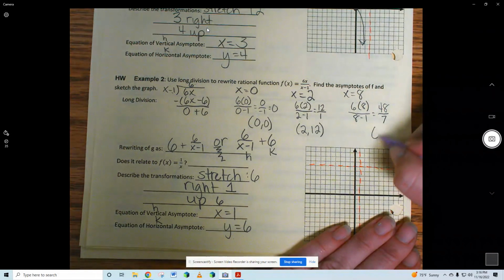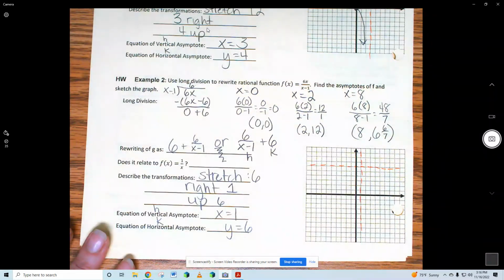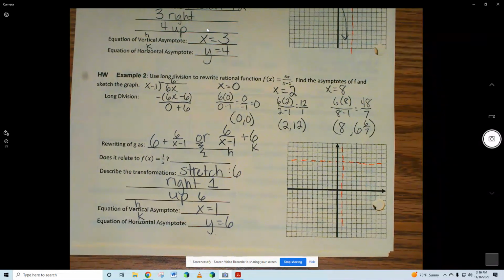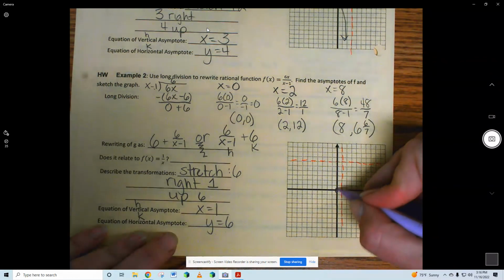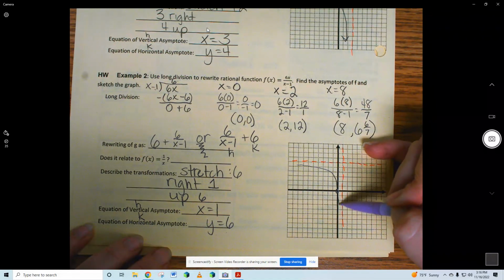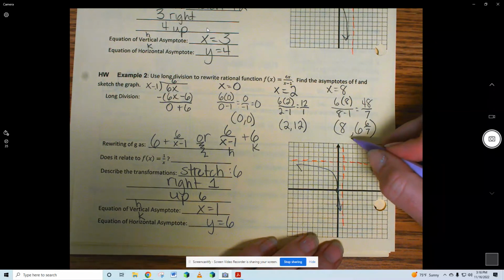Wow. Okay. Plot those points and draw approximate lines through them. It doesn't have to be perfect. 2, 12 is actually off the graph, but that's fine.